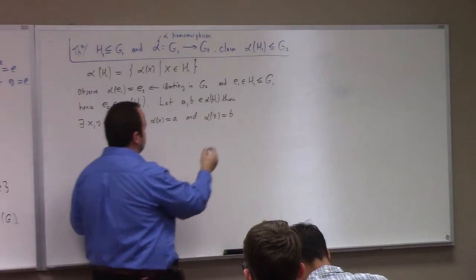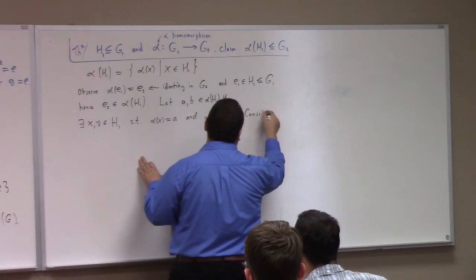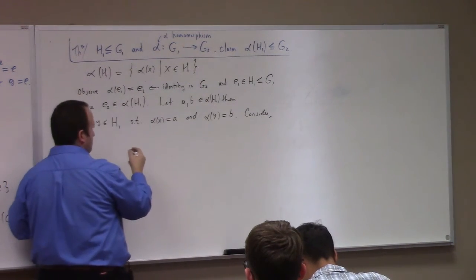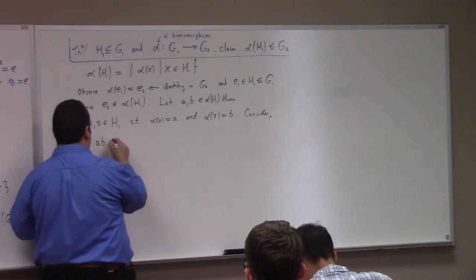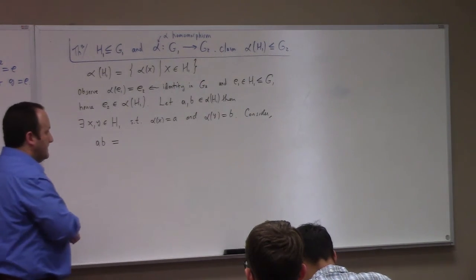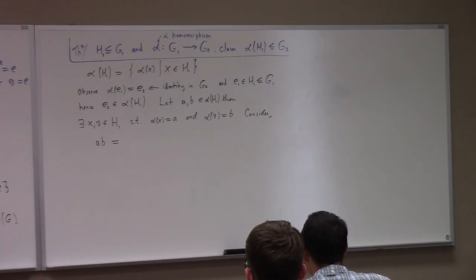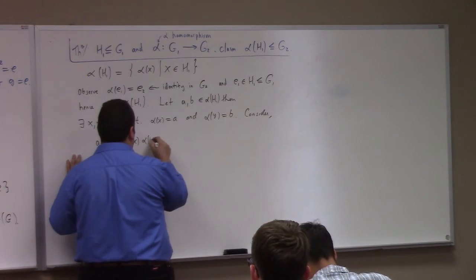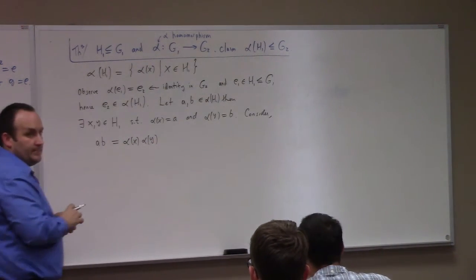Consider A times B. What do we got? Alpha of x times alpha of y, right?